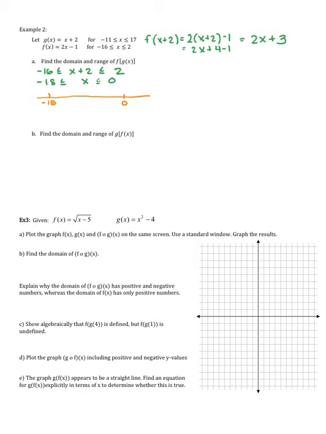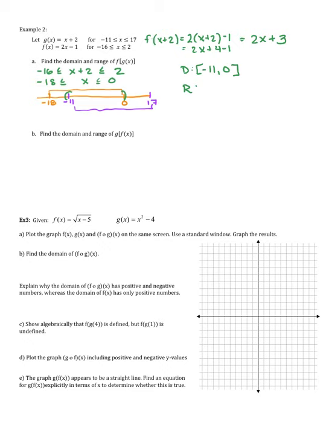And the inside function, because that's kind of like your first line of defense, goes from negative 11 to 17. So we are comparing that to this, and what we want is the intersection, which is going to be from negative 11 to 0. So my domain will be negative 11 to 0.